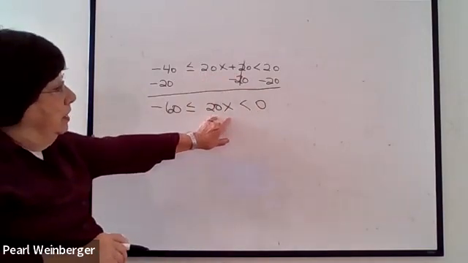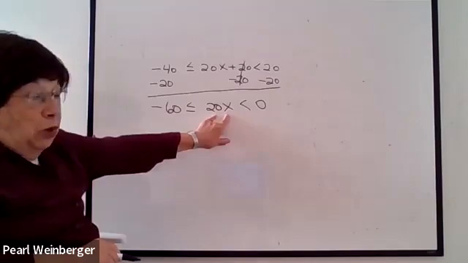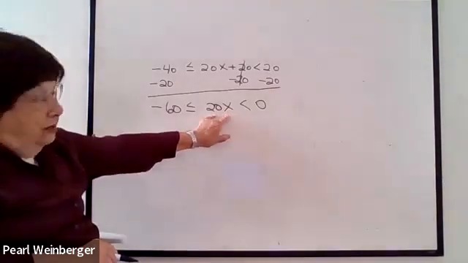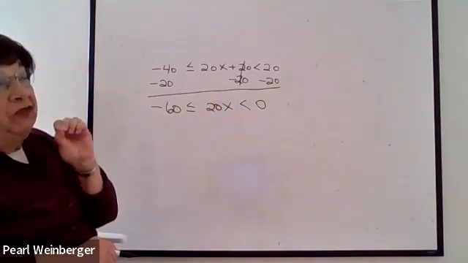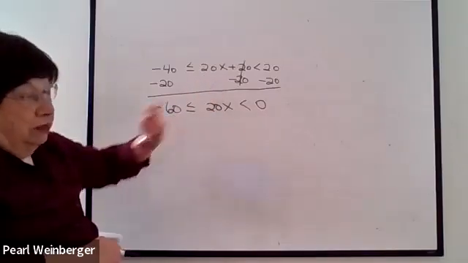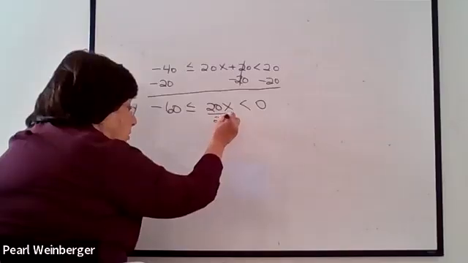The only thing I still have to do is, instead of 20x, I want to get x. Now remember, the 20 is a coefficient. So what we're going to do is divide by it. Remember, you never subtract a number that's directly in front of a variable. You divide by it. So we're going to divide this by 20.